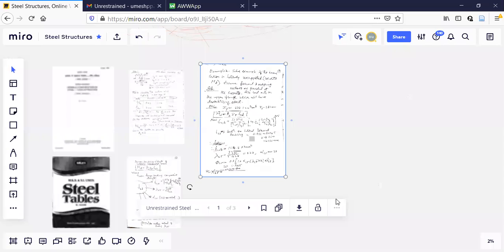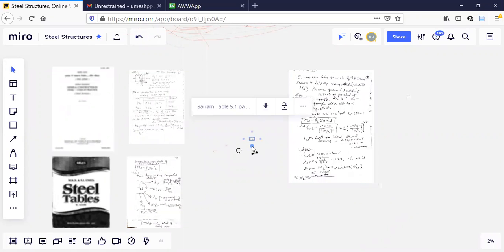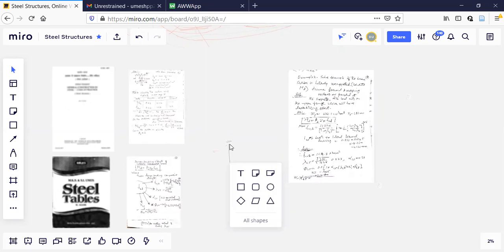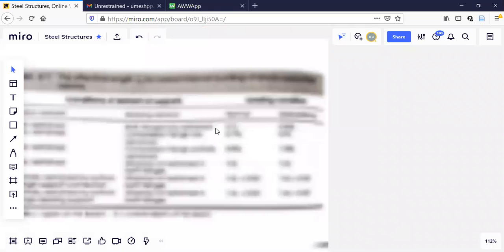So I'll explain how to solve one full-fledged problem on a laterally unrestrained steel beam. I'm not able to zoom it. Anyway, just see this one.